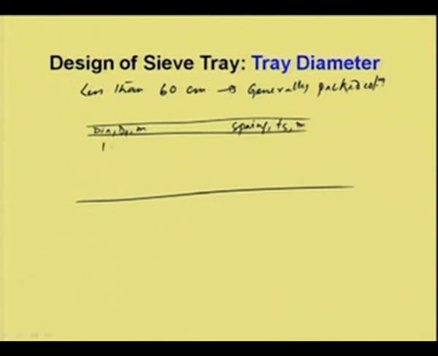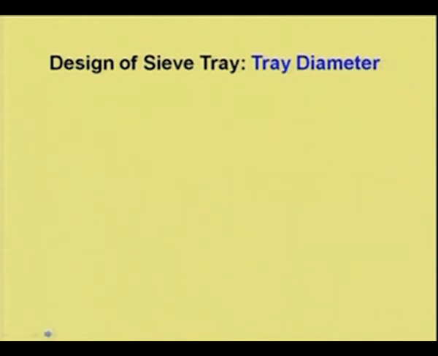If d_T is 1 or less, then T_S is 0.5. If it is 1 to 3, then it is 0.6. If it is 3 to 4, then 0.75, and 4 to 8, it is generally 0.9. So these are the recommended values for the tray spacing and tower diameter.